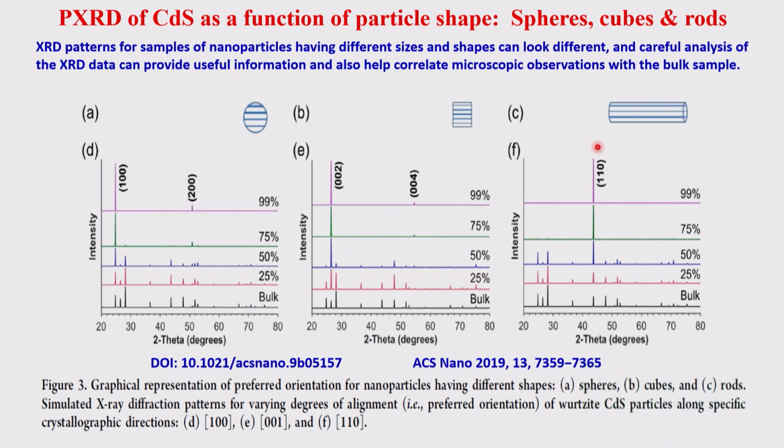If they are cylindrical kind of things, only one, that is 110, remains when you have a large number. So you can see with 25%, 50%, 75%, 99%. These are all standardized.